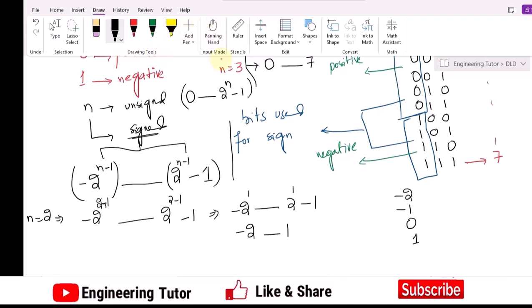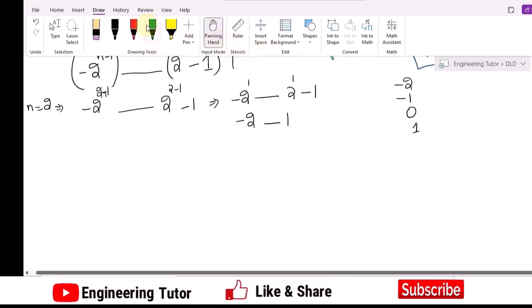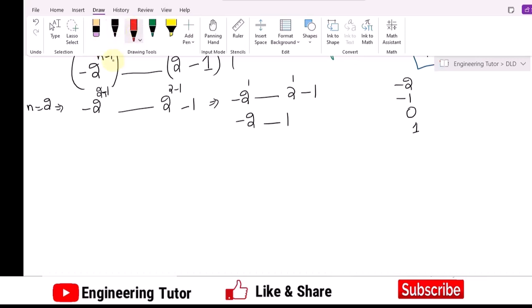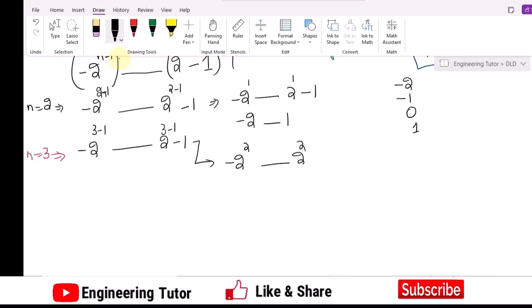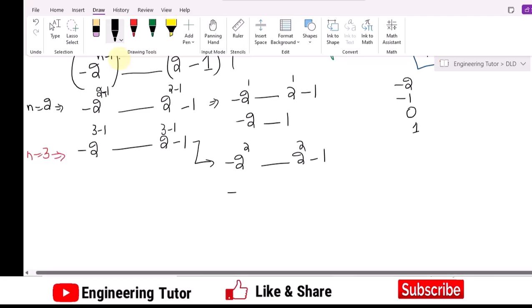Similarly, if the number of bits is 3, the numbers will range from -2 raised to the power 3 minus 1 up to 2 raised to the power 3 minus 1, minus 1. So it would be from -4 up to 3.